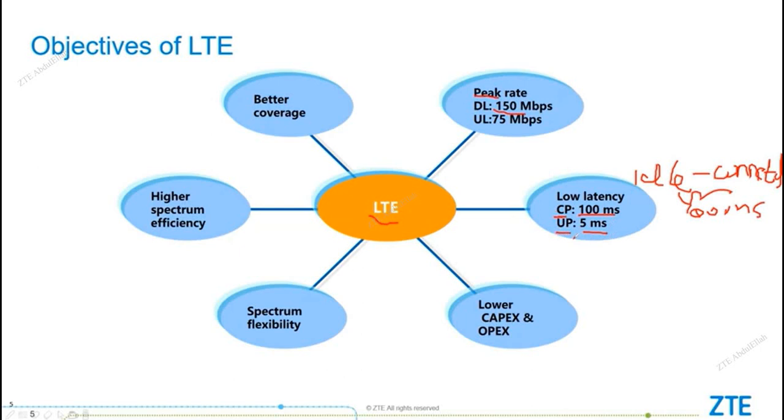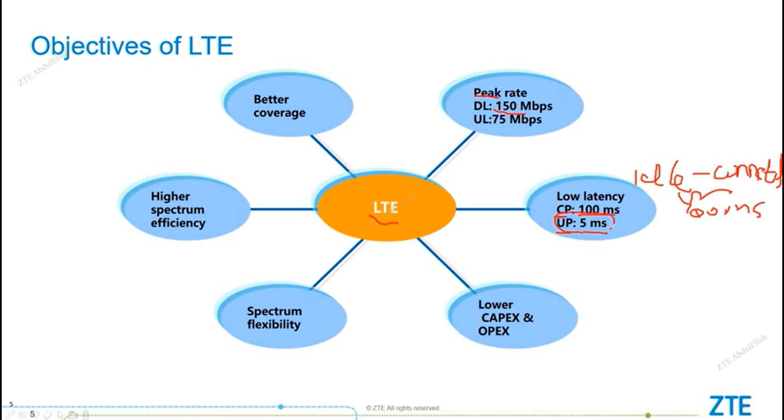And the second is the user plane, which is the traffic. Traffic means your terminal is already in connected mode, and now your terminal will send an IP packet, an empty IP packet, to the network. After that, the network will give you feedback, right? So this latency is 5 milliseconds. And we can see this 5 milliseconds is also under the condition of just one cell, only one user.